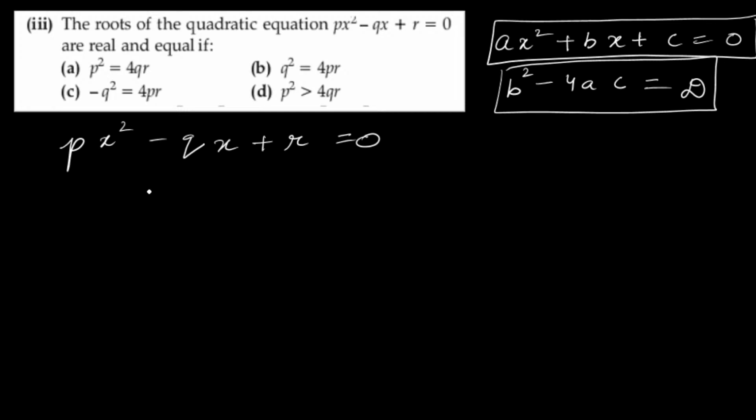So b square minus 4ac is equal to 0 if the roots are real and equal.